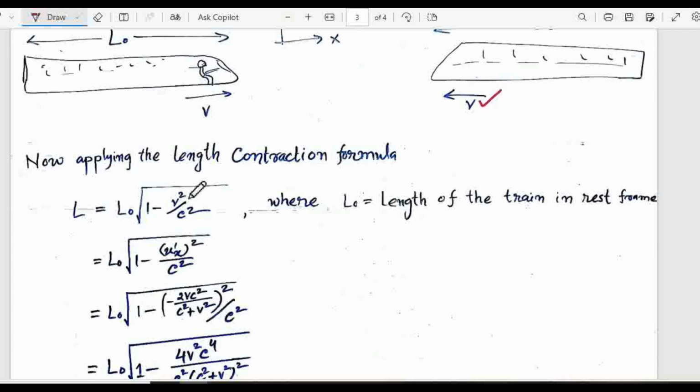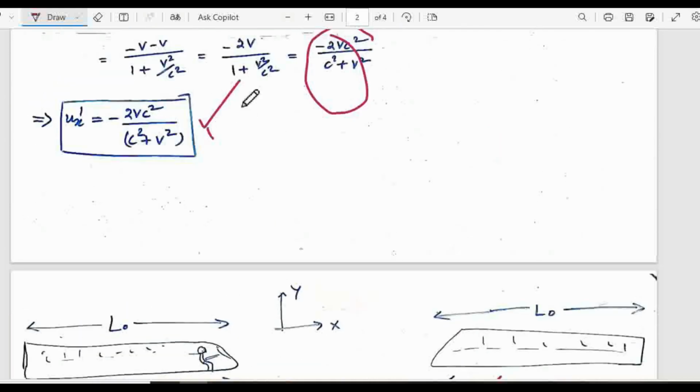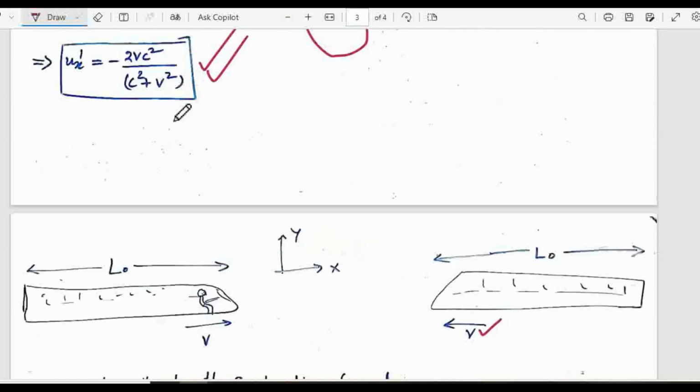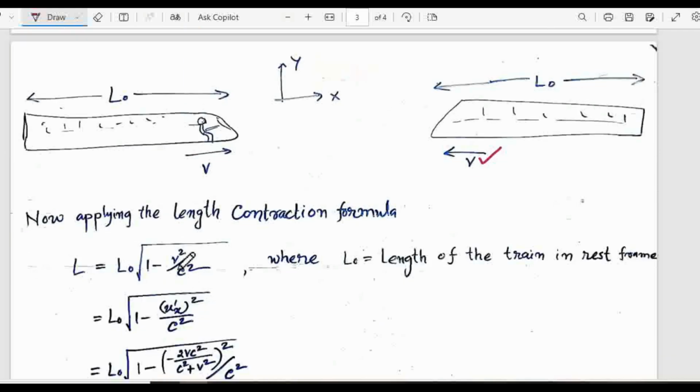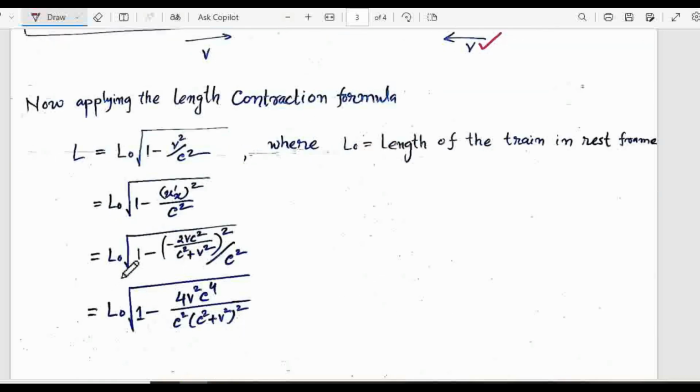If you see the second step here, I have written ux dash square, that means this speed. We have to put ux dash in place of v, and if you square it, the negative sign will cancel out because we are squaring it.